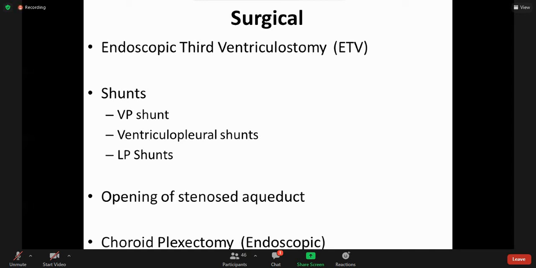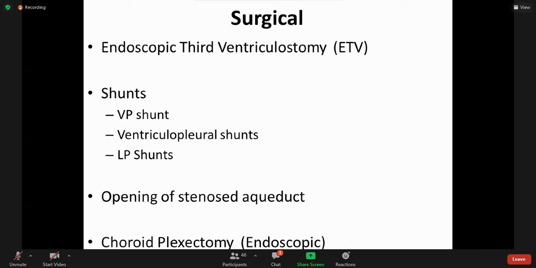No. Lumbar puncture is not contraindicated in increased ICP. Lumbar puncture is contraindicated when ICP is raised with obstructive causes. Means if there is obstruction within the ventricular system, then you can't do LP. I told you in the previous slide that there are some indications and some contraindications to LP.